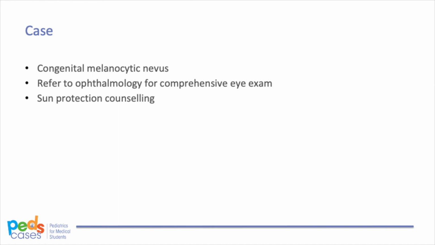You refer Lucy to an ophthalmologist for a comprehensive eye examination to ensure there are no other lesions involving the anterior and posterior segments of the eye. You counsel the patient on continuing to use sun protection and to return if there are concerning features, such as bleeding, ulceration, pain, and so on. Lucy and her mother are grateful for your expertise and thank you for your time.